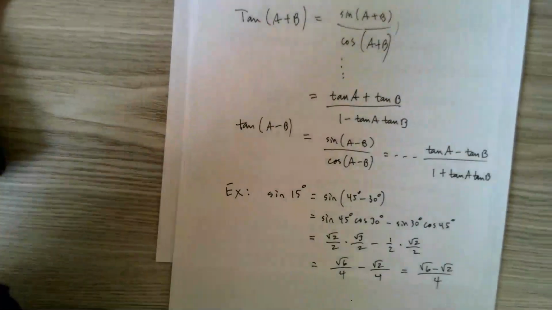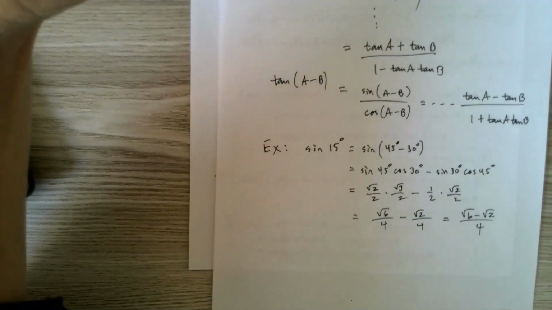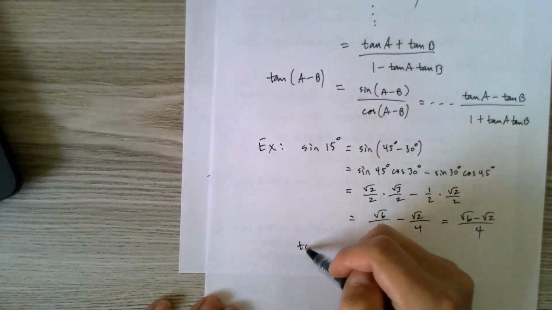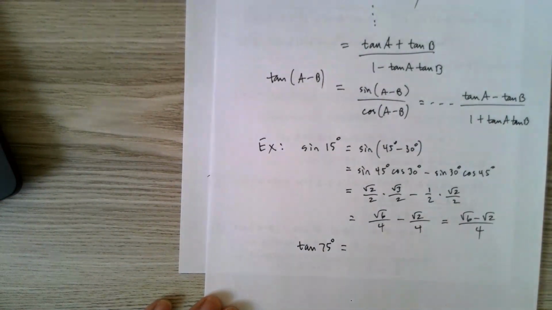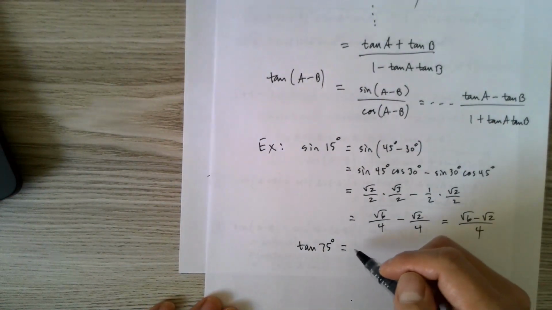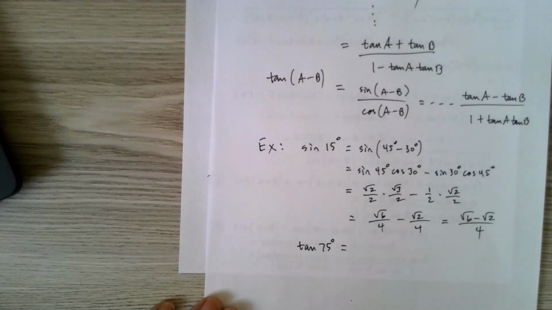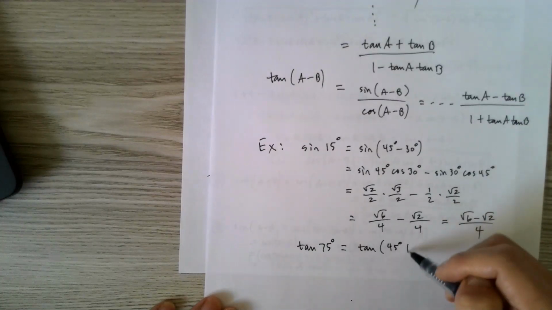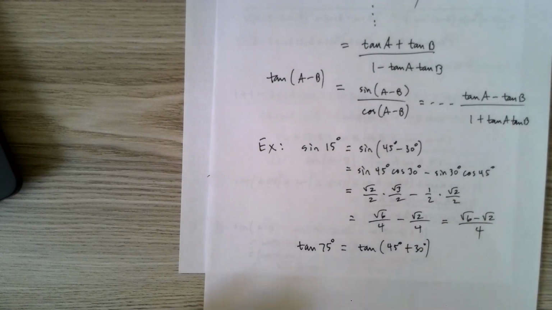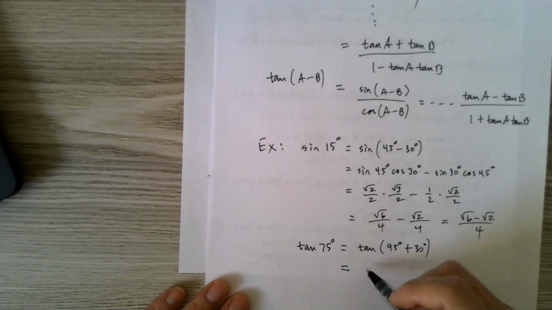I'll do one more example using the tan. So tan of 75 I can express as tan of 45 plus 30 and then use my identity.